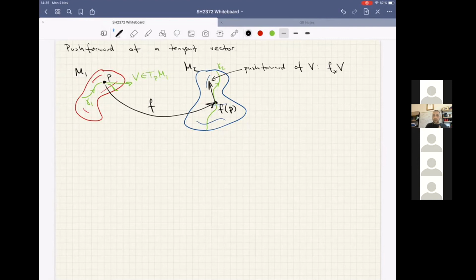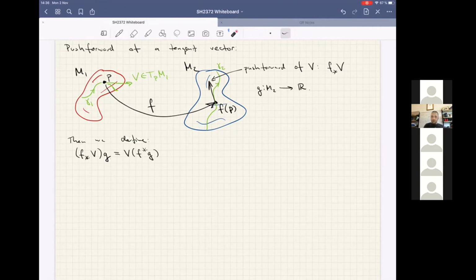And that means that if we let this directional derivative act on some function, so we had this function g, for example, before, we take g from M2 to real numbers, then we define that F star V, the push forward of V, acting on this function g, is by definition the vector V, which was a vector in M1, acting on the pullback of G to M1.